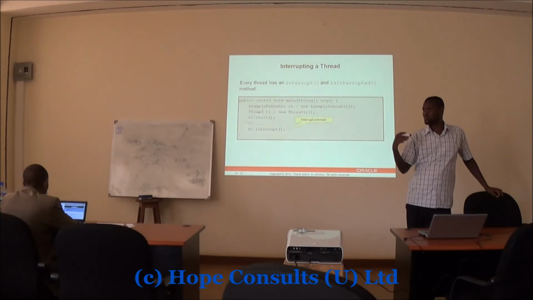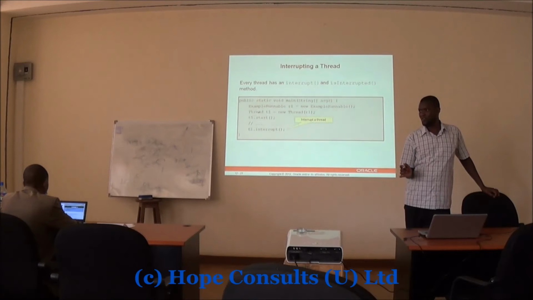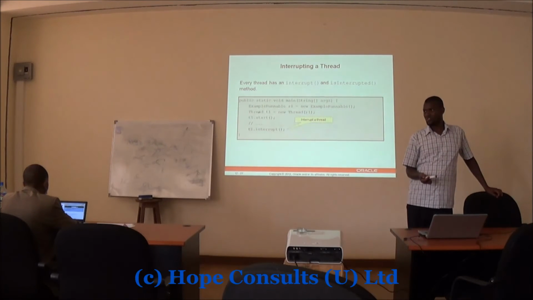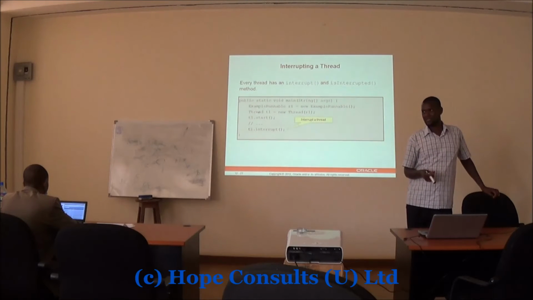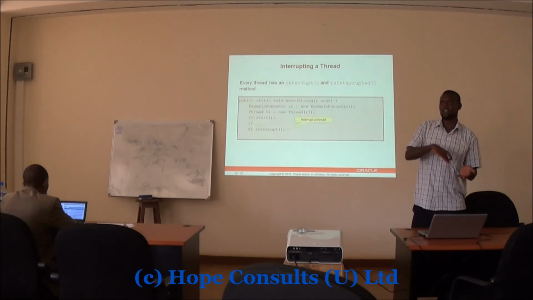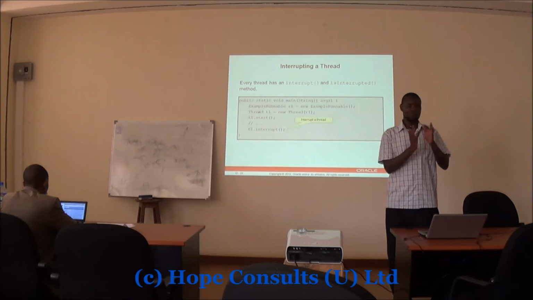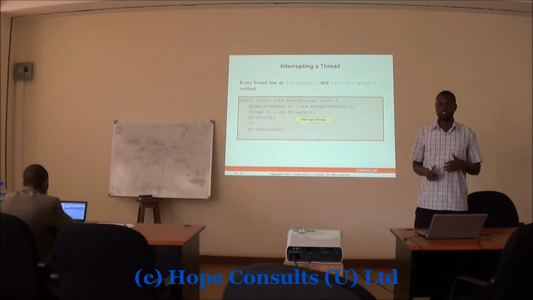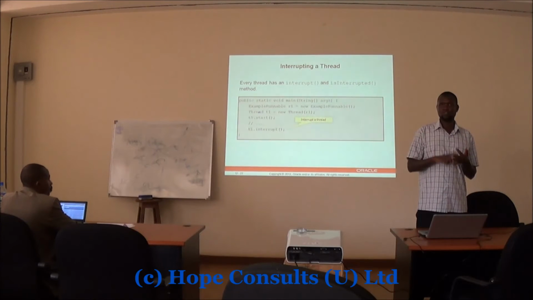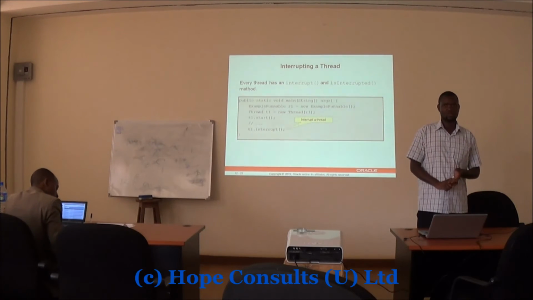If something is true, maybe you found what you're looking for, you don't want it to continue executing, so you just interrupt it. Then sleep makes it pause for some time, then it wakes up again to continue. So those are the major key actions you can do: interrupt, sleep, resume, and also stop.